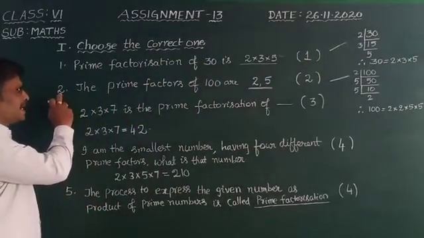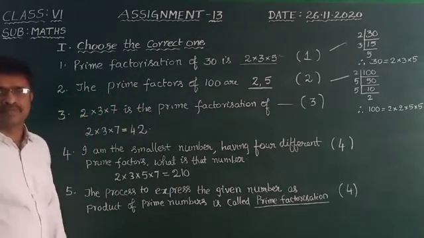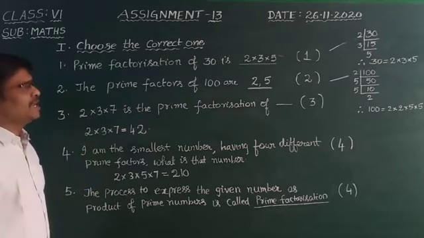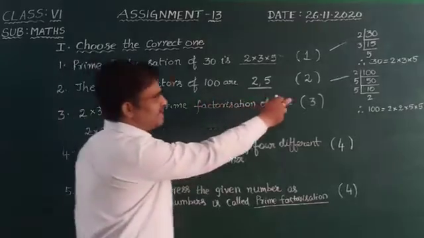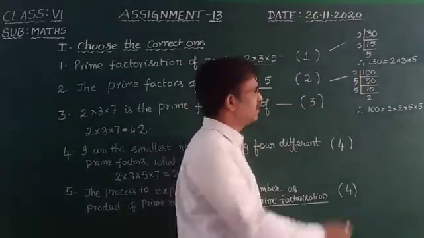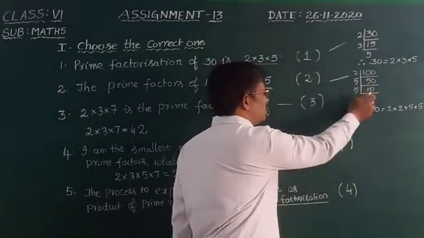Next, coming to the second question, the prime factors of 100. What are the prime numbers we are using in the factorization? In the same way, if we are factorizing, 2 50s are 100, 5 10s are 50, again 5 2s are 10.